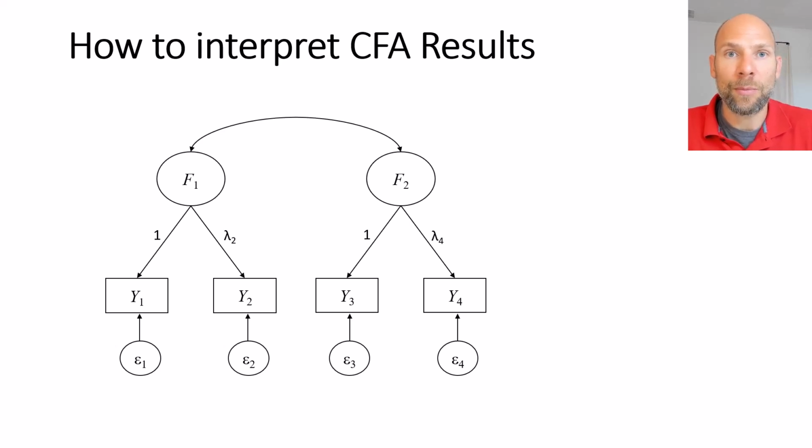One factor could represent spatial abilities and the second factor could represent math performance, and perhaps I'm interested in figuring out whether the scales or tests that I use for measuring spatial abilities and the tests that I am using for math ability properly indicate factors of spatial ability and math ability. And then also I might be interested in learning about how those abilities are correlated at the latent level.